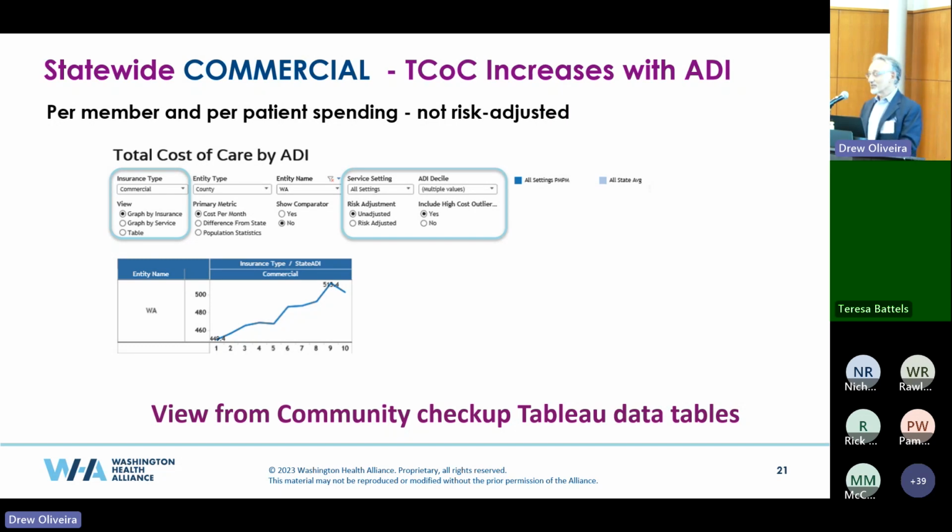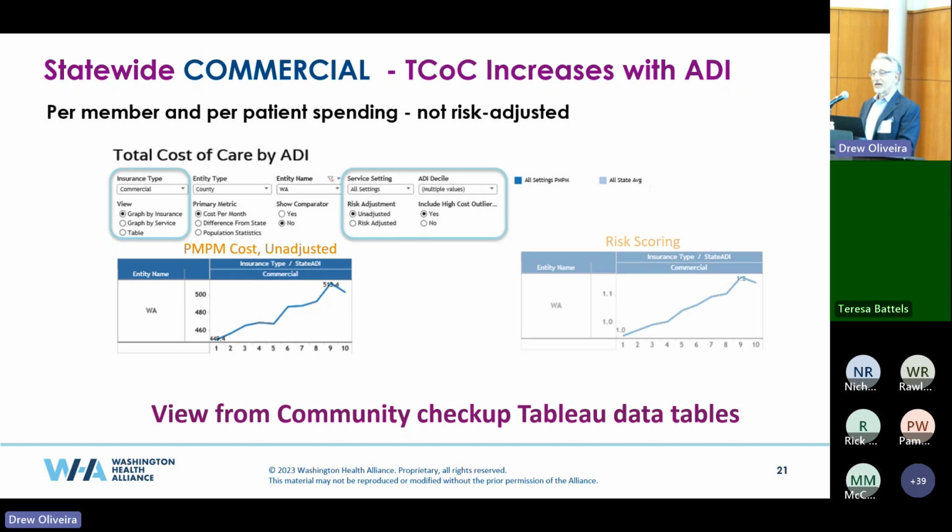You can look at the service settings: do you want to look at overall, or inpatient, outpatient, ancillary, et cetera? So there's a lot of ways you can cut this. You can look at counties, et cetera, and you'll be able to get these curves. The reason I'm not always showing that is these aren't as pretty as the other slides that Jim put up.